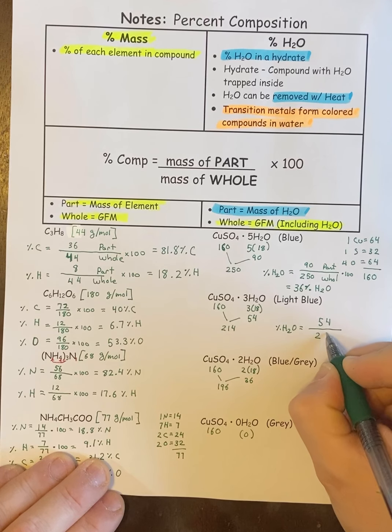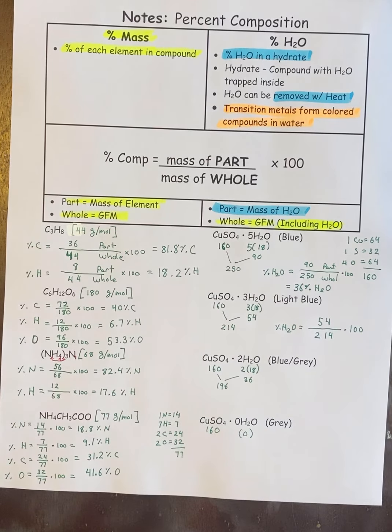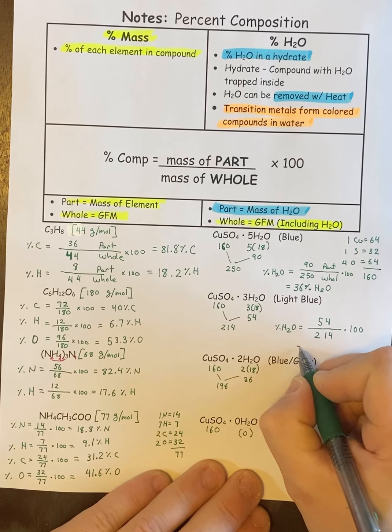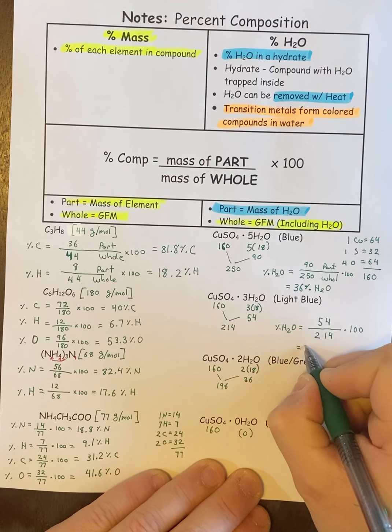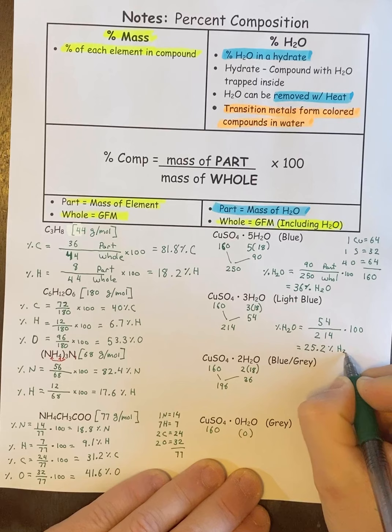54 over 214 times 100, which is going to equal 25.2% water.